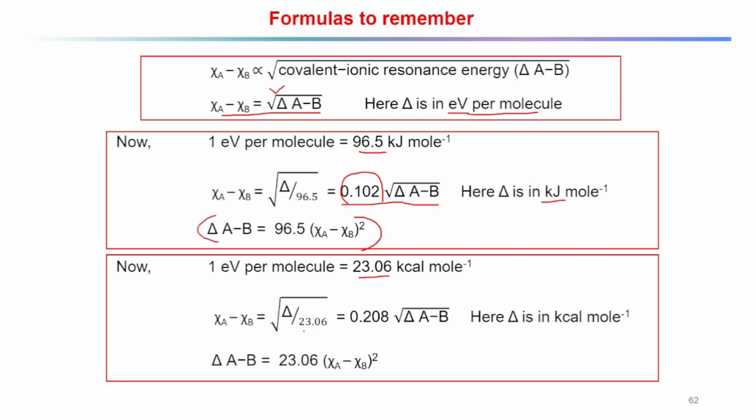So if you just divide it by 23.06, you will get chi A minus chi B is equal to 0.208 square root of delta. So here delta is in kilocalorie per mole. So these three formulas you can remember, and from here if we just take this factor on the left hand side and then square both the sides, we will get delta AB is equal to 23.06 chi A minus chi B whole square.